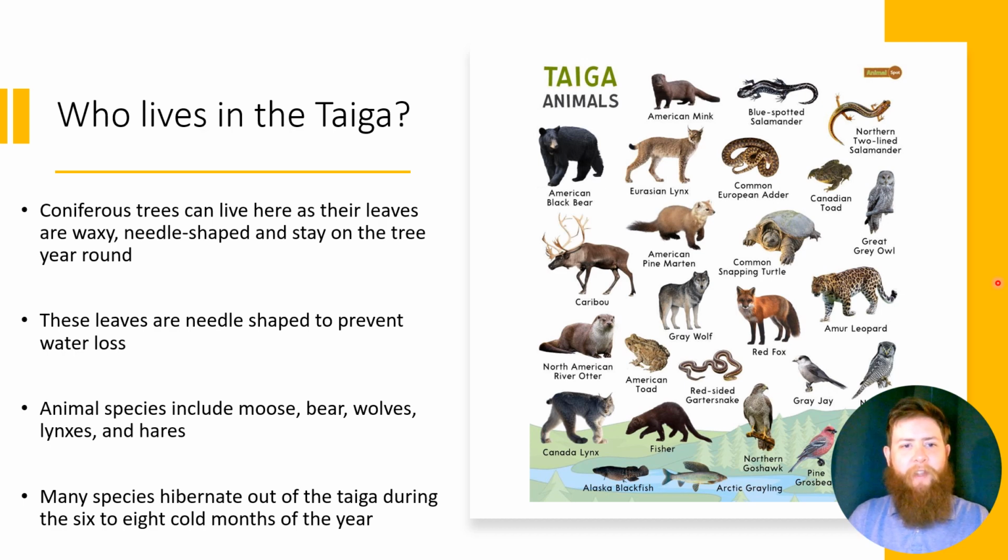Some animal species that enjoy these areas are things like moose, bear, wolves, caribou, lynxes, hares, river otters, some fish, some goshawks, spotted salamanders, minks. Many species in this area are going to hibernate, and this usually will happen during the 6 to 8 cold months of the year that this area receives. So still pretty cold, but warmer than the tundra.